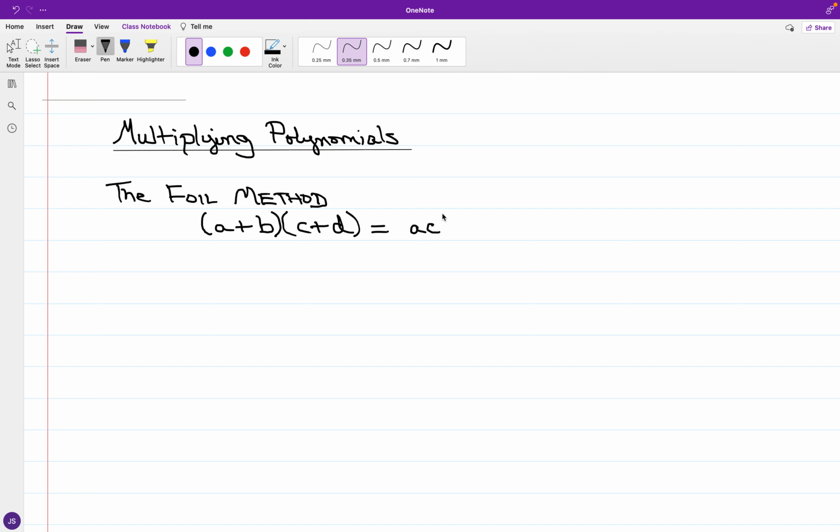And then you have the outside terms, a and d, in other words, those terms most distant from each other. The next product will be multiplying b and c.